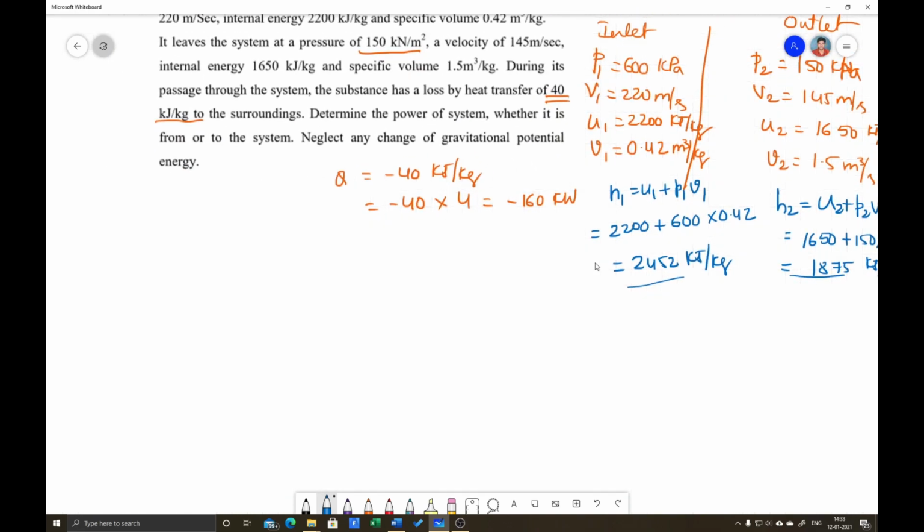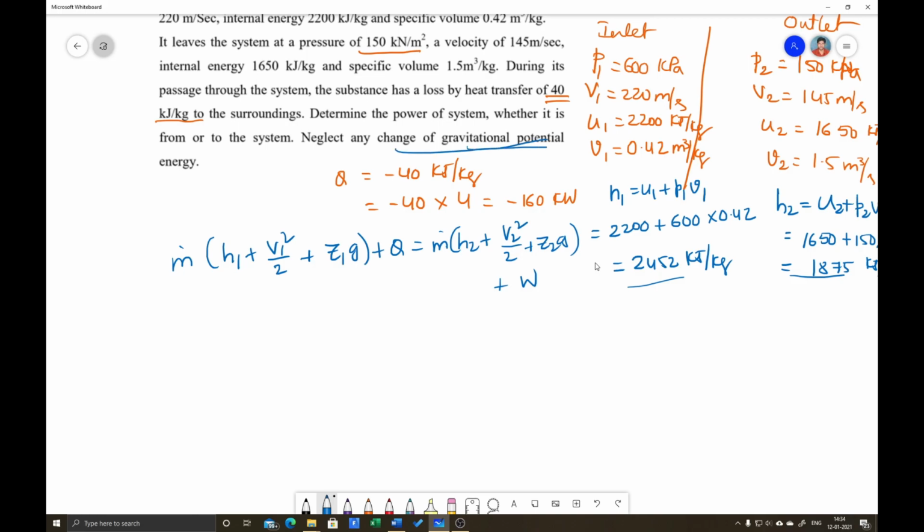So I will write it again. So m dot into H1 plus V1 square by 2 plus Z1G plus Q is equal to m dot into H2 plus V2 square by 2 plus Z2G plus W. Here also he is saying gravitational potential energy is neglected.